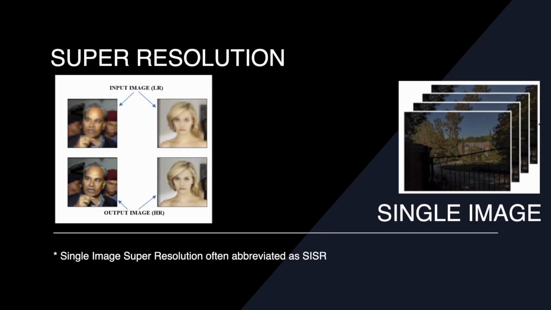Super resolution refers to the process of converting a low resolution image into its corresponding high resolution image. On the first picture, I have on the above the low resolution images that we perform super resolution on. So these are the inputs and these are low resolution images.